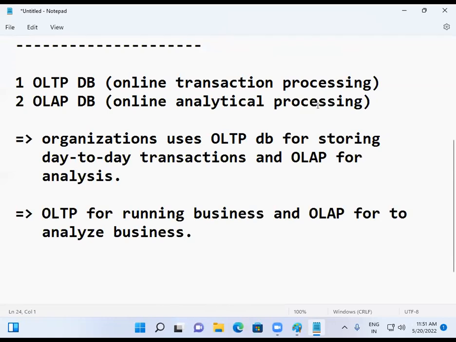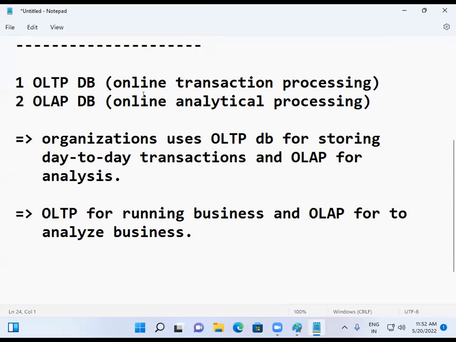So for deciding who is the best player, what data do you require? History. You need historical data. If you have historical data, then we can analyze.